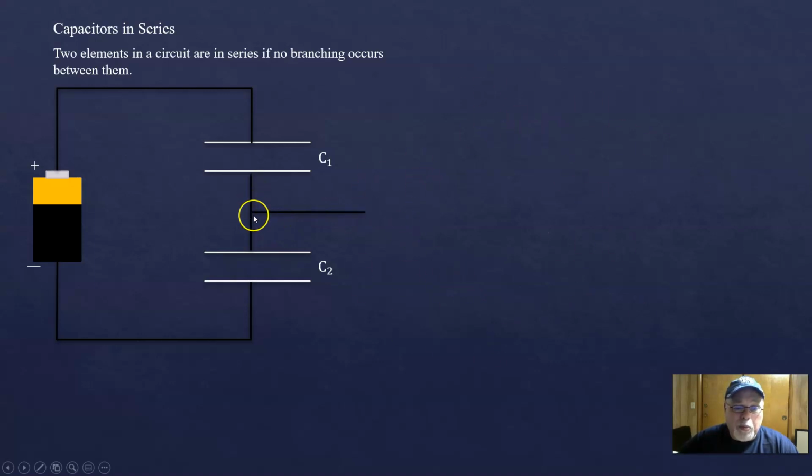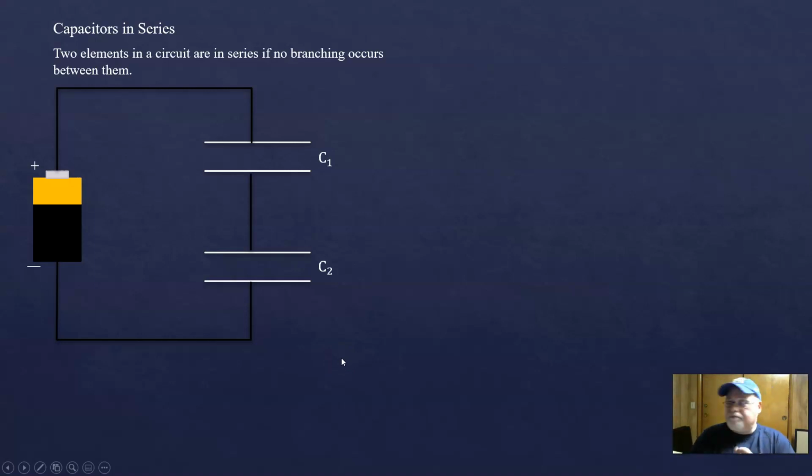This is what we would call a branch point, okay? This connection here is a node, and what we have here is branching in our circuit, okay? If there's something here running out that's connected to other stuff, capacitor 1 and capacitor 2 are no longer in series, okay? They're only in series if there is no branching between the two capacitors.